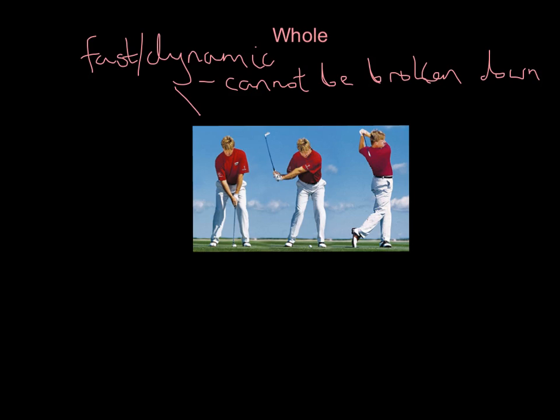You can't break a golf swing down and coach it in parts, so we've got to use the whole practice method. It's often used when the skill is relatively simple. I'm not saying a golf swing is easy, but there aren't lots of joints moving in lots of different directions all at the same time. It's one steady fluid movement.